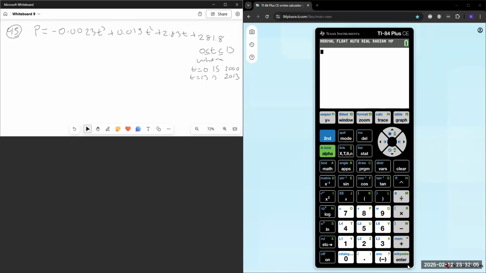Let's go ahead and look at the graph here to help us make that conjecture. 0.0023, and we'll use x here instead of t, x cubed plus 0.015x squared plus 2.83x plus 281.8.